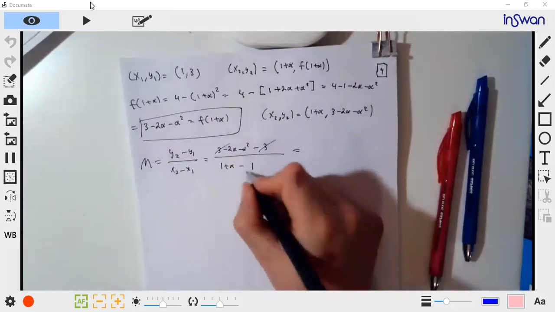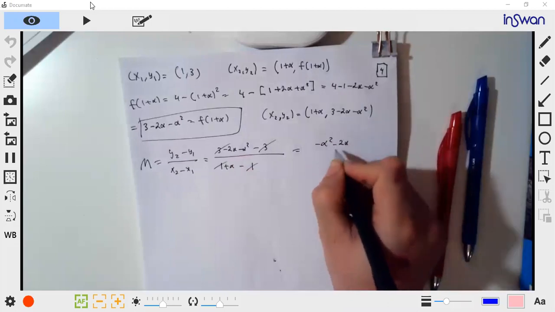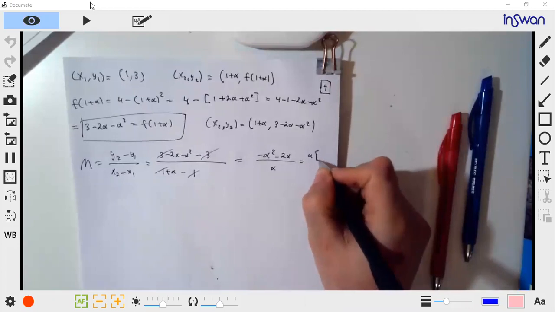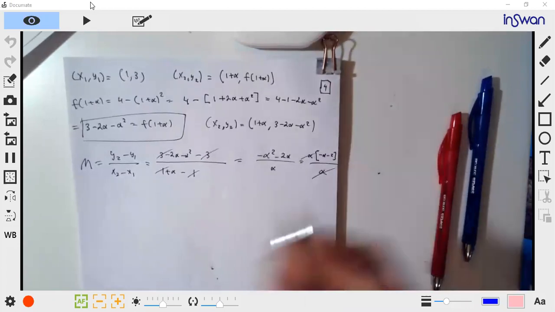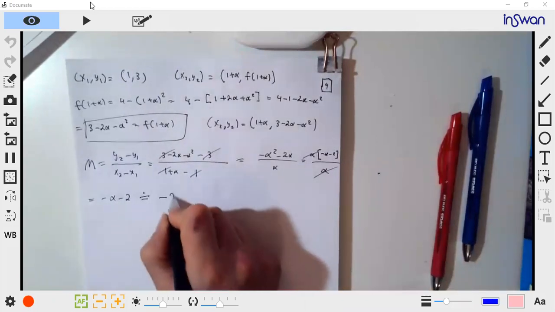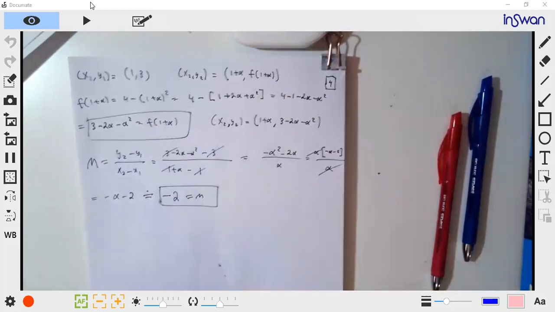Notice that these cancel. So we get negative alpha squared minus 2 alpha all over alpha. We can factor out alpha over here. So we get negative alpha minus 2 all over alpha. Cancel out alpha. You get negative alpha minus 2, which renders the real result minus 2. My goodness. Wow.